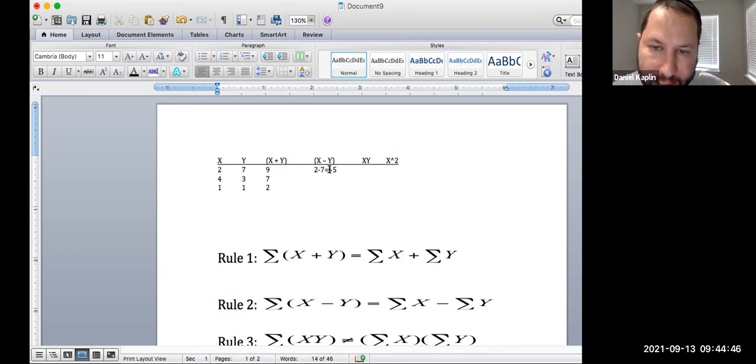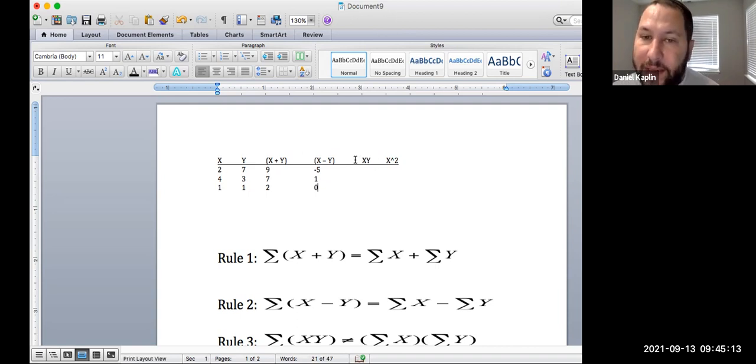Now I actually am going to stop showing the process because I can verbally say it and you'll follow along. 4 minus 3 gives me 1, and 1 minus 1 gives me 0. So that column has been done.